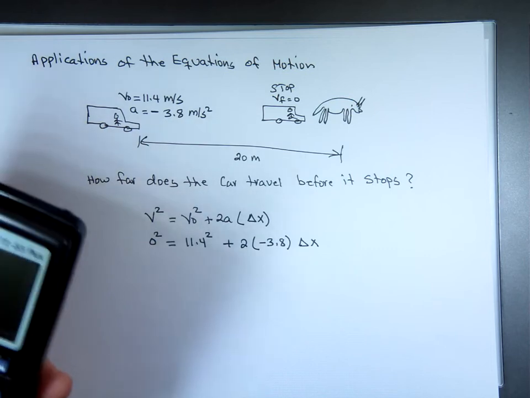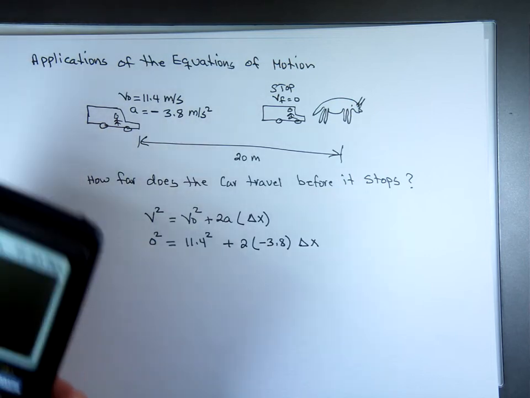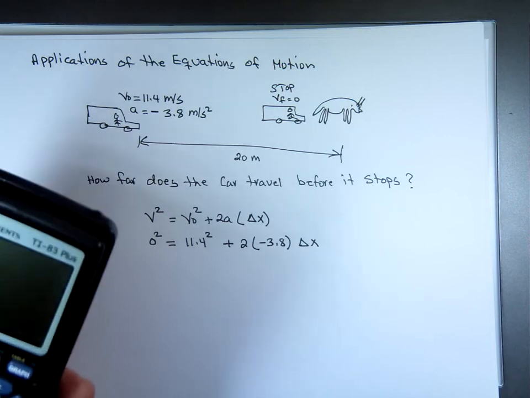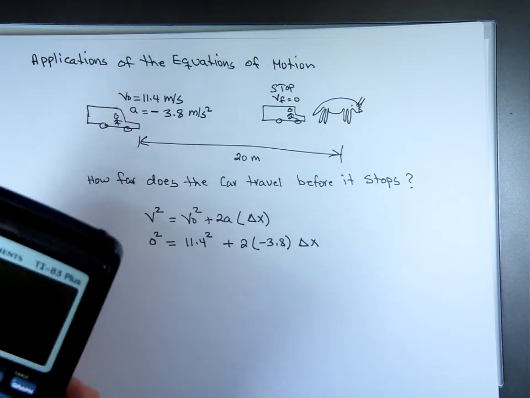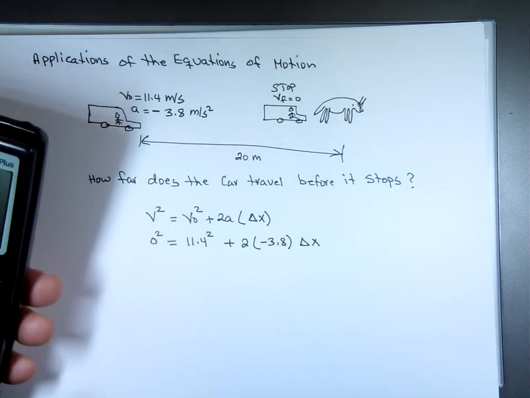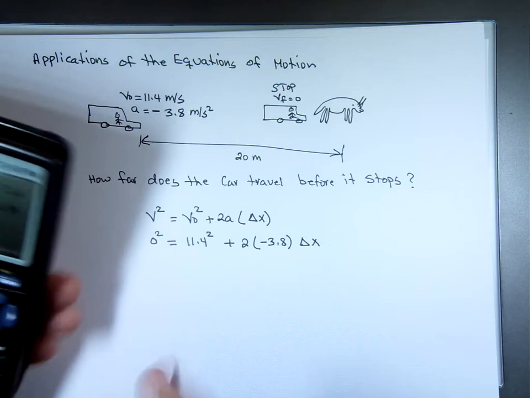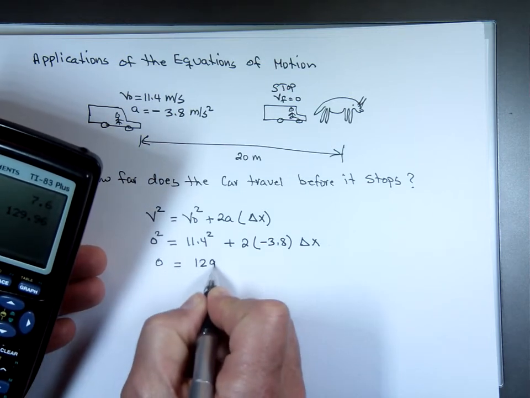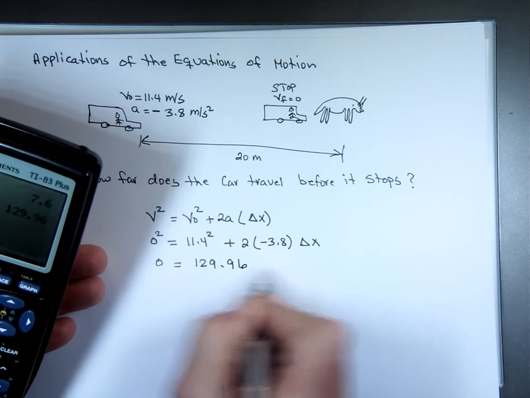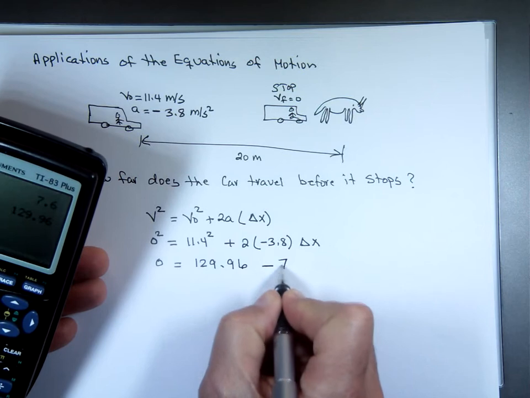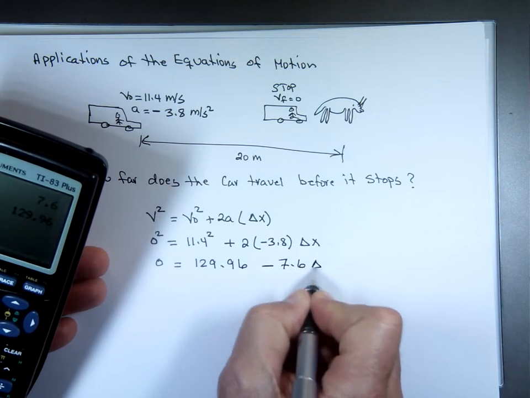Let me get my calculator ready here. Okay, now let's take 11.4 and square it. 0 equals 129.96 minus 2 times 3.8, that's 7.6 delta x.